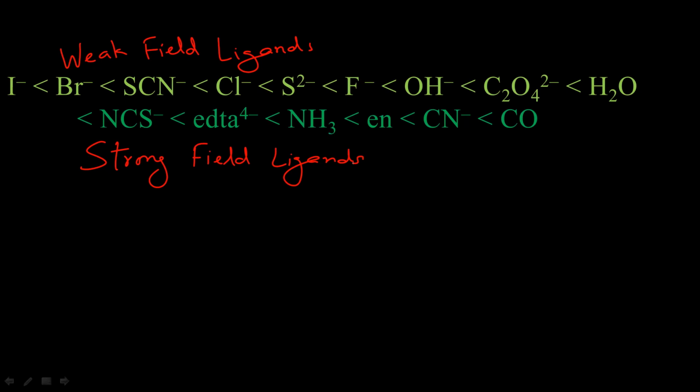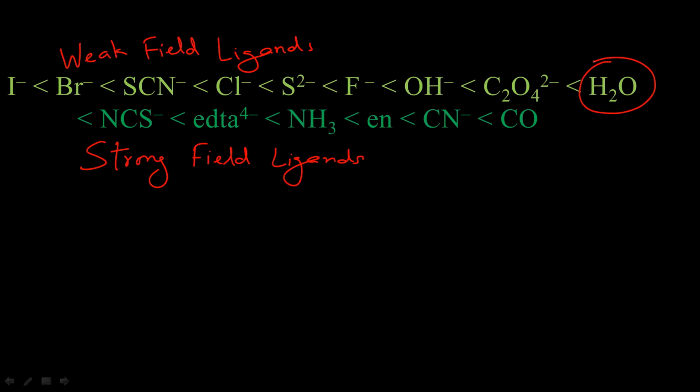And this is the increasing order of their strength, but within that we have two segregations. One is weak field ligand, the other one is strong field ligand. However, having said that, H2O can work as strong as well as weak. In most cases, it will work as weak. That's why I have shown it with light color.